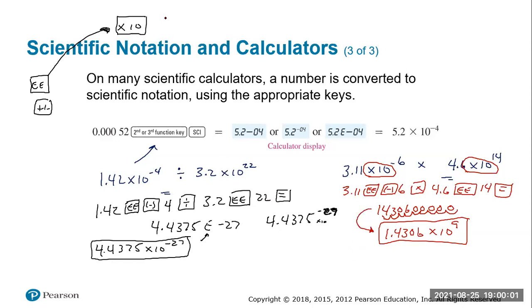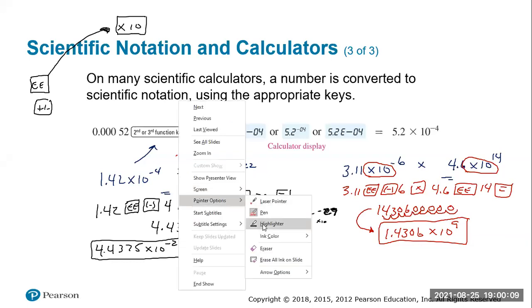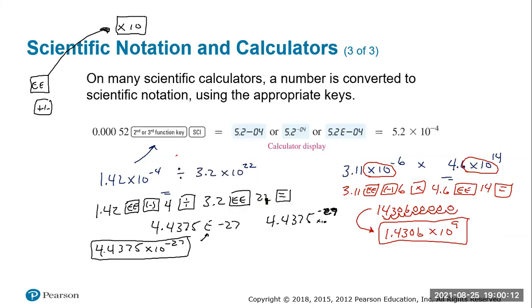Any questions on that? I will say, like I said before, if you do not know how to do this in terms of scientific notation or are not sure on your calculator, make sure you see me virtually here, maybe in discussion or something like that. We could try to figure out what buttons you need to push on your calculator.